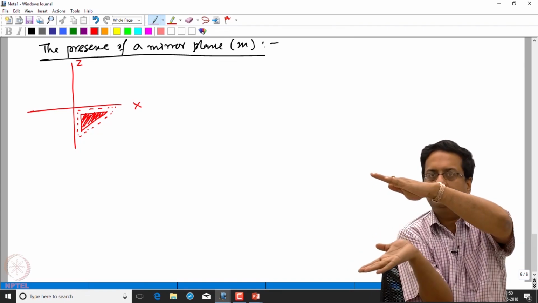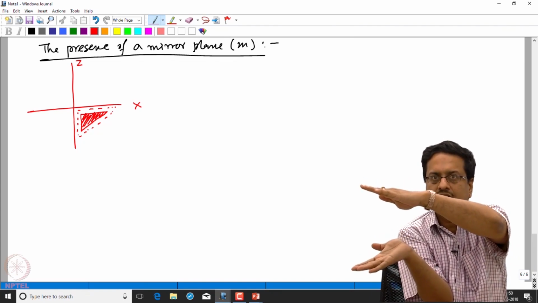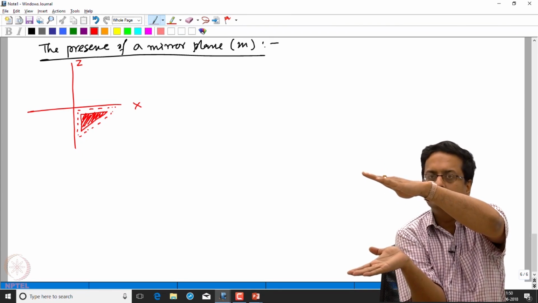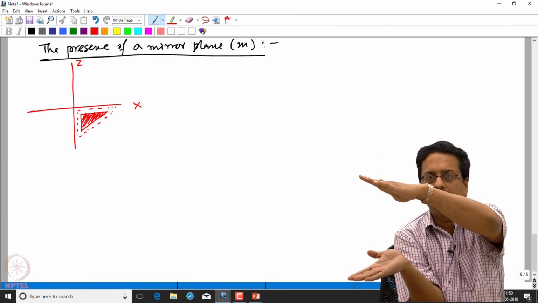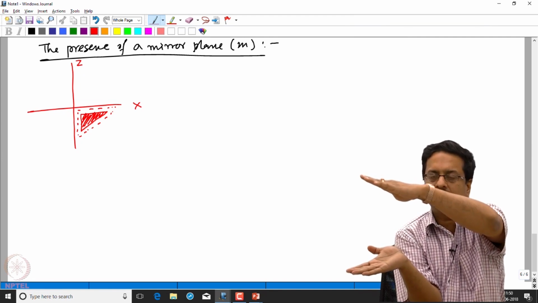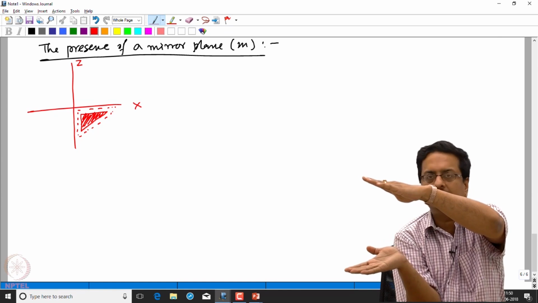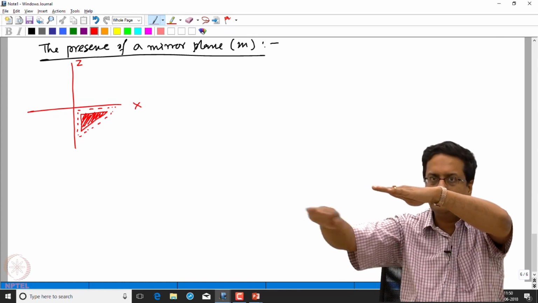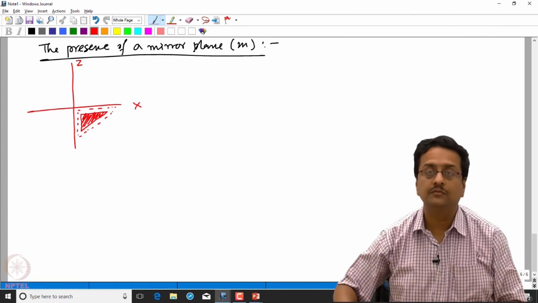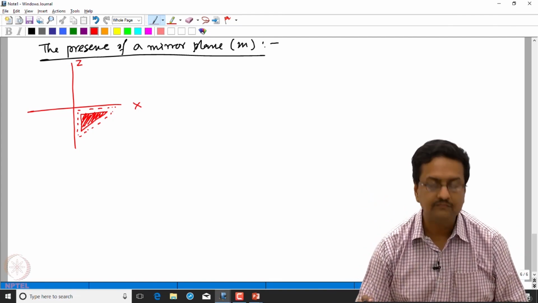So the object gets reflected like this. This object and its reflection are in this orientation, and the projection of both this object and the mirror image on this mirror plane gives an impression of a double atom located at the same place.